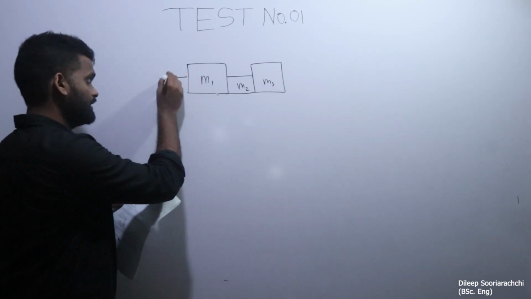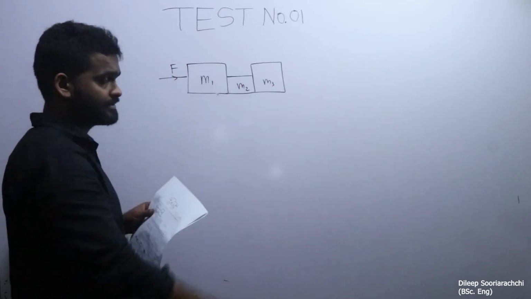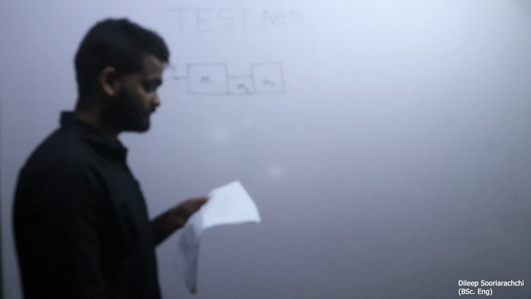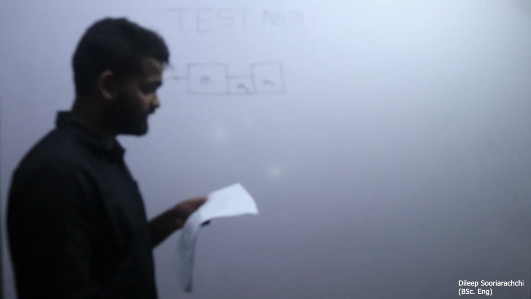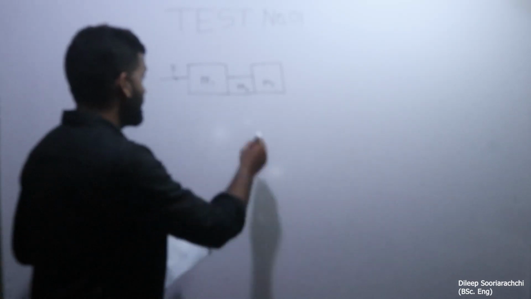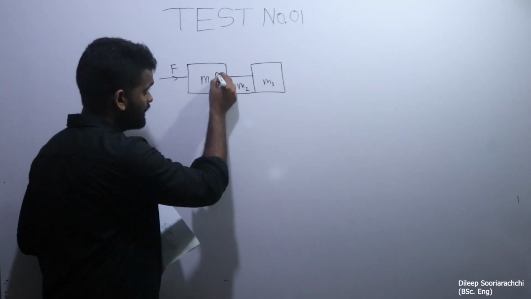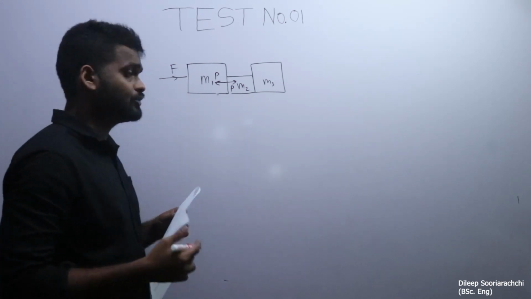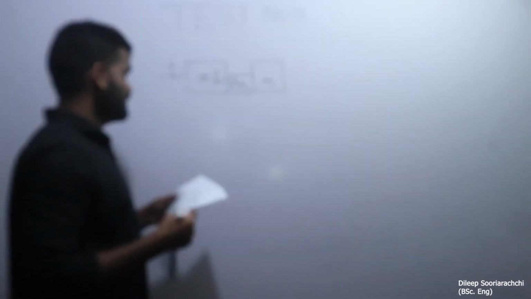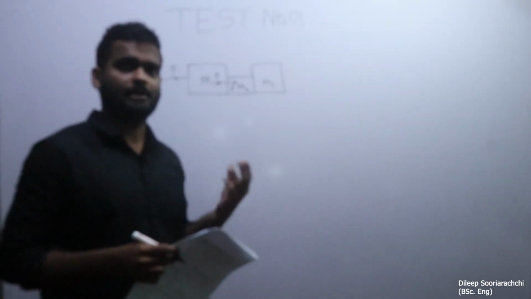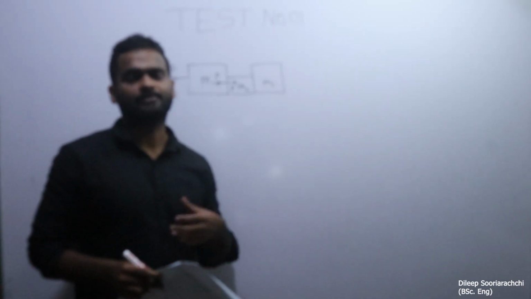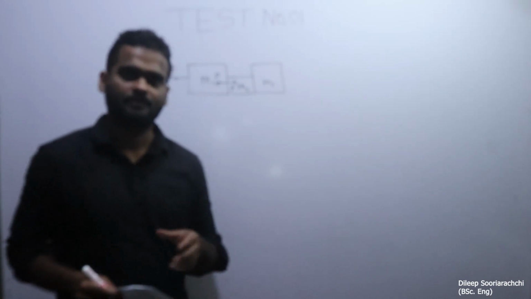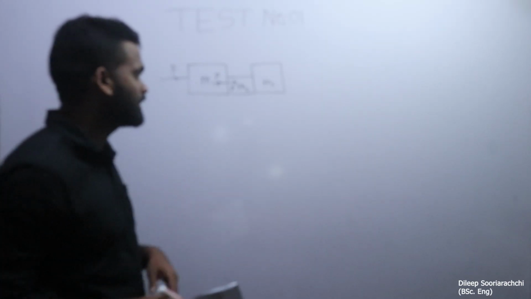Then a force capital F is applied on the system. So they are asking for the force between M1 and M2. I'll mark that as P. Here as well you have to just apply F equals ma to the system and then to part of the system in order to find P.